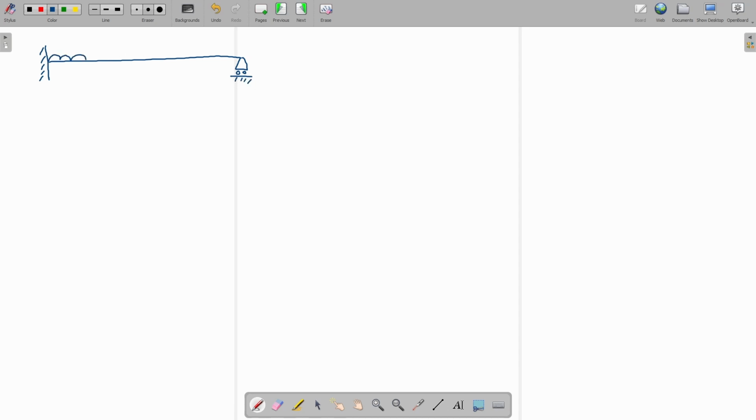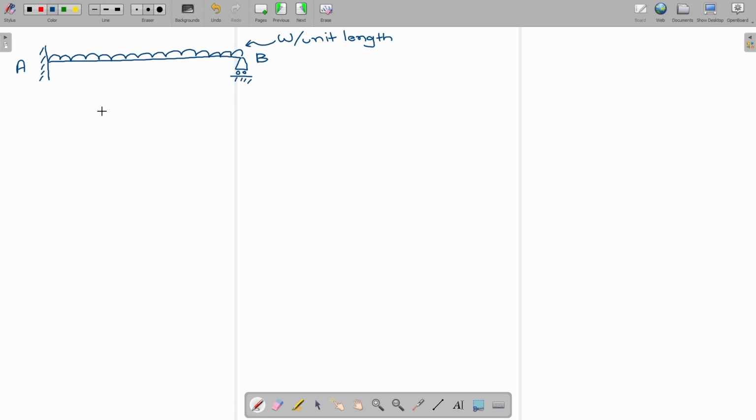This is the load intensity, W per unit length. This end is B. This is A.